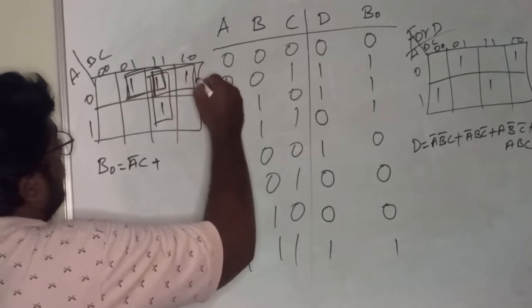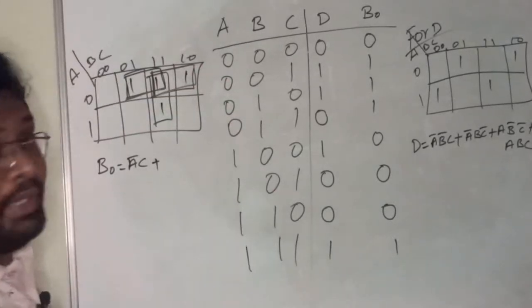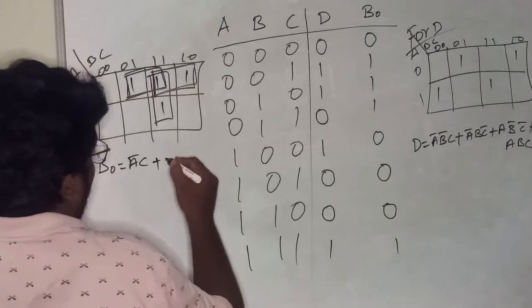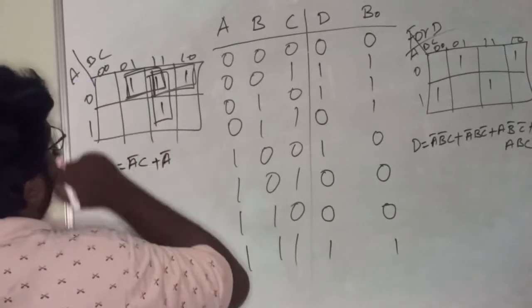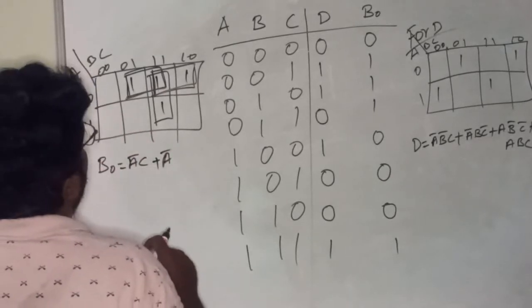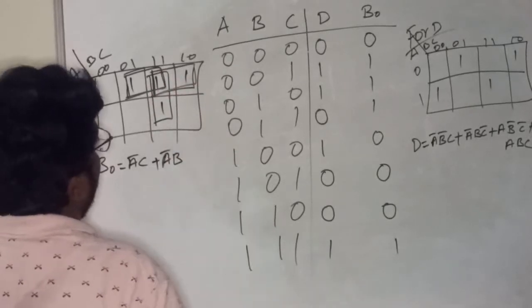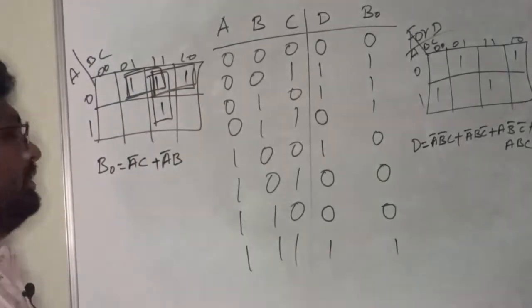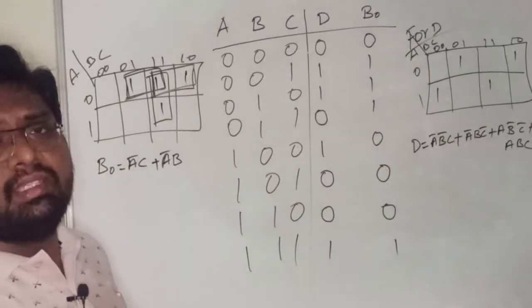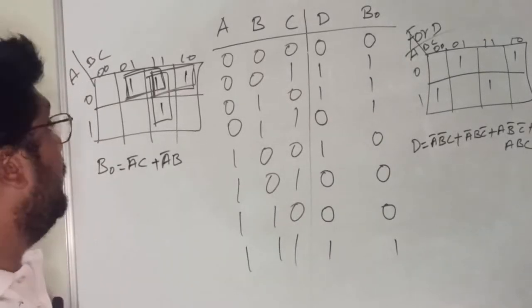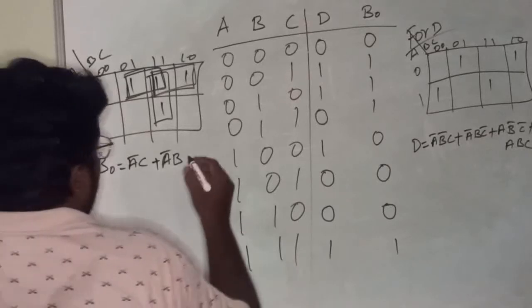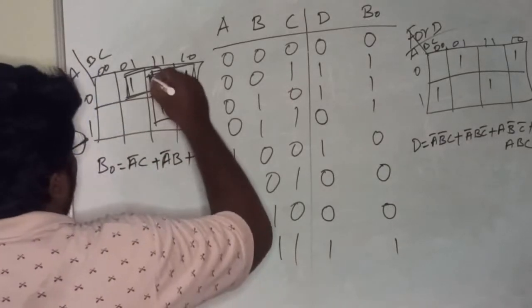now take this pair. In this pair also A is constant, right? Here B value is not varying and C value is varying. As the C value is varying, I am eliminating the C term, so A complement B. Plus, now take this pair.